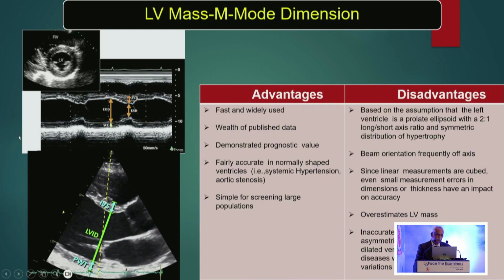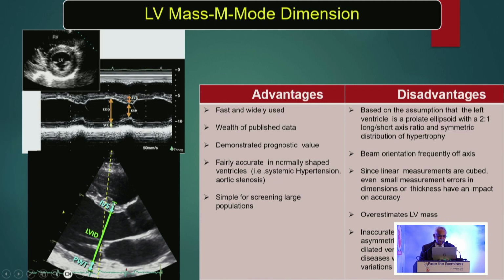This is one place where the M-mode echocardiogram is still useful. There is a lack of data for left ventricular mass using the two-dimensional and three-dimensional echocardiogram. That's why we still use the M-mode method for measuring the left ventricular muscle mass.